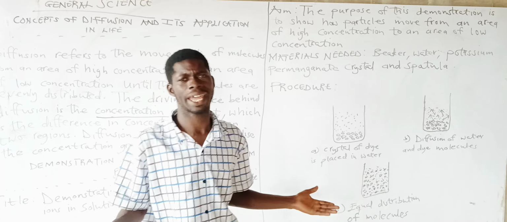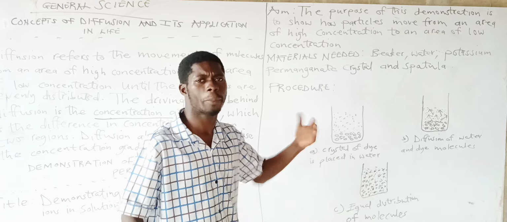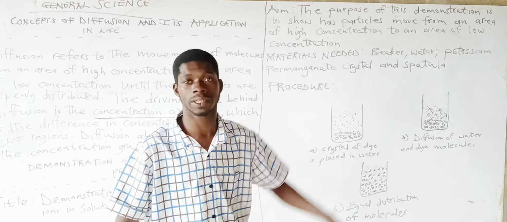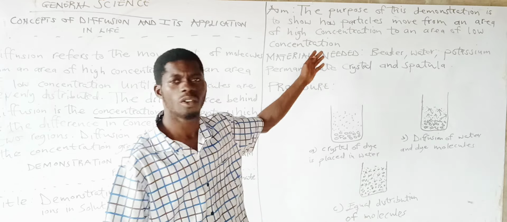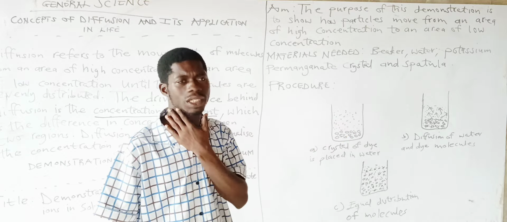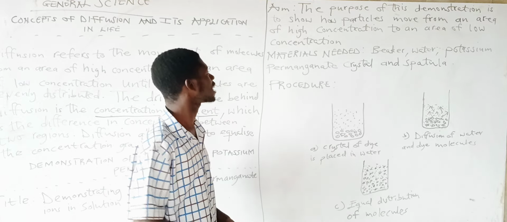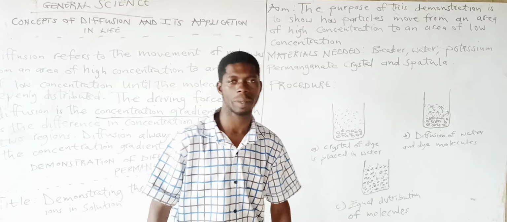So that's the aim or the purpose of our experiment. We are performing the experiment to demonstrate how particles are able to move from higher concentration towards an area of what? Lower concentration.